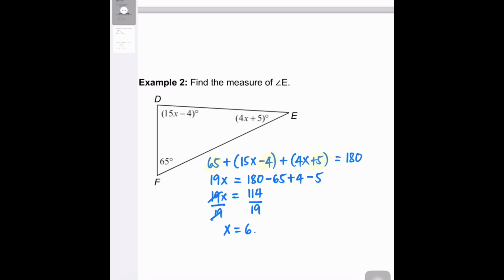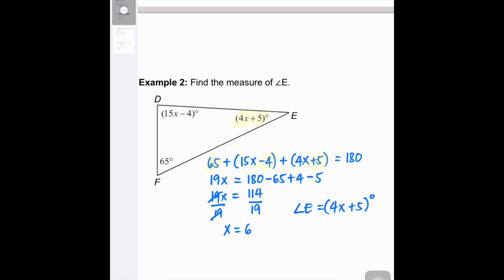However, we don't stop here because the question was to find the measure of angle E. So after finding the value of x, which is 6, we need to plug it in to the x in this expression. So we know that angle E is equal to 4x plus 5 degrees.